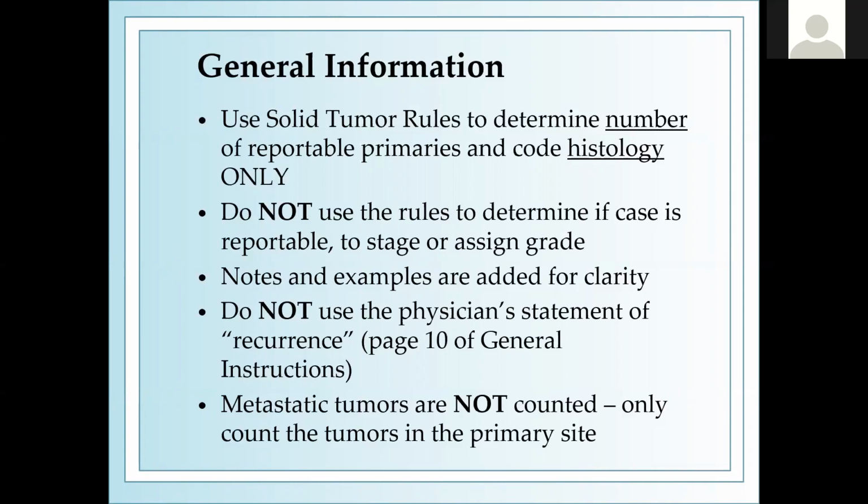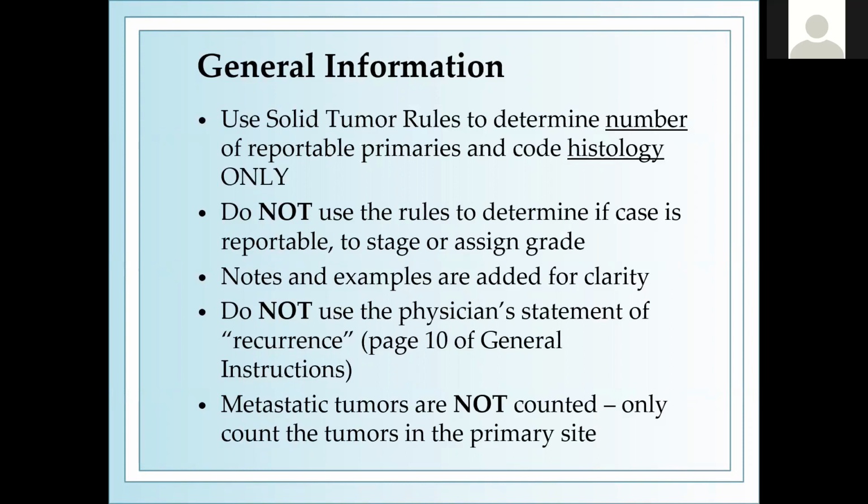And last but not least, remember that you do not count metastatic tumors when you use the multiple primary rules. If a patient has a single colon tumor and 3 metastatic lesions in the liver, the patient is considered to have a single tumor, one tumor, because the tumor or the tumors of the primary site are the only ones that are counted when using the multiple primary rules.